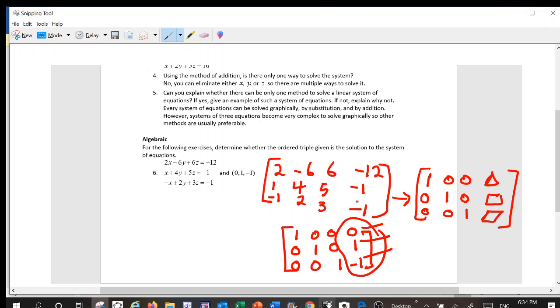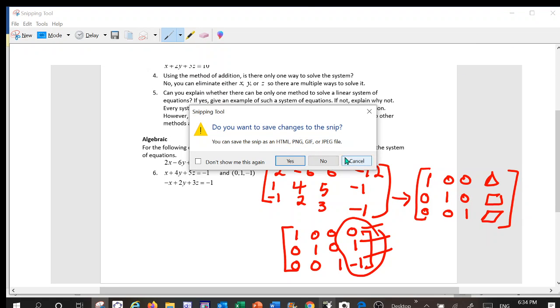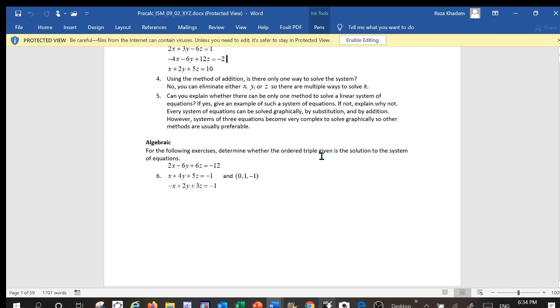Again, if you get all zeros except the last one, that's no solution. If you get one row completely zero, that means there are an infinite number of solutions. So let's do one of those, and then I'm going to make another video talking about nonlinear systems.